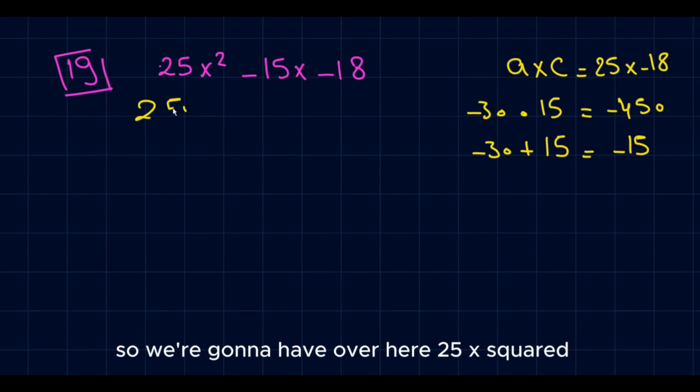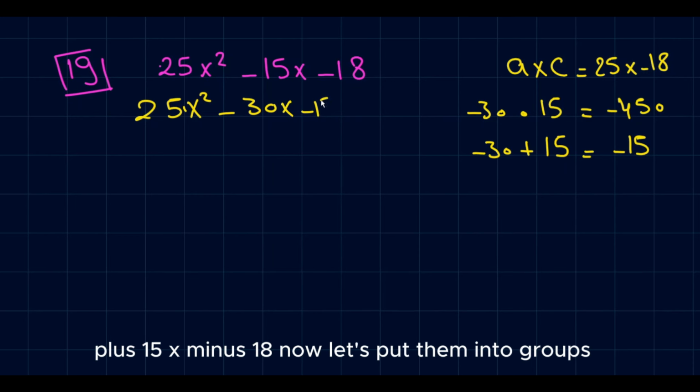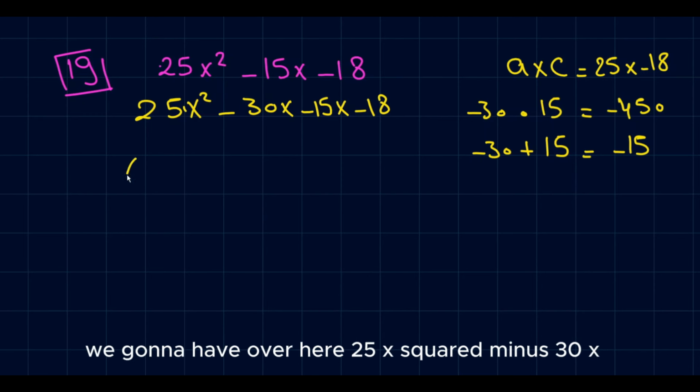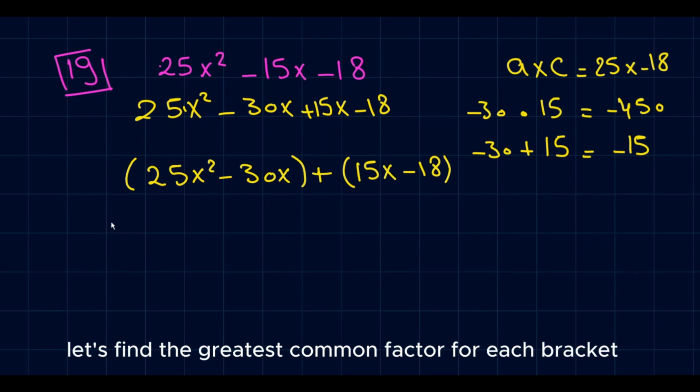Next, we're gonna put them into the equation. So we're gonna have 25x squared minus 30x plus 15x minus 18. Now let's put them into groups. Now let's find the greatest common factor for each bracket.